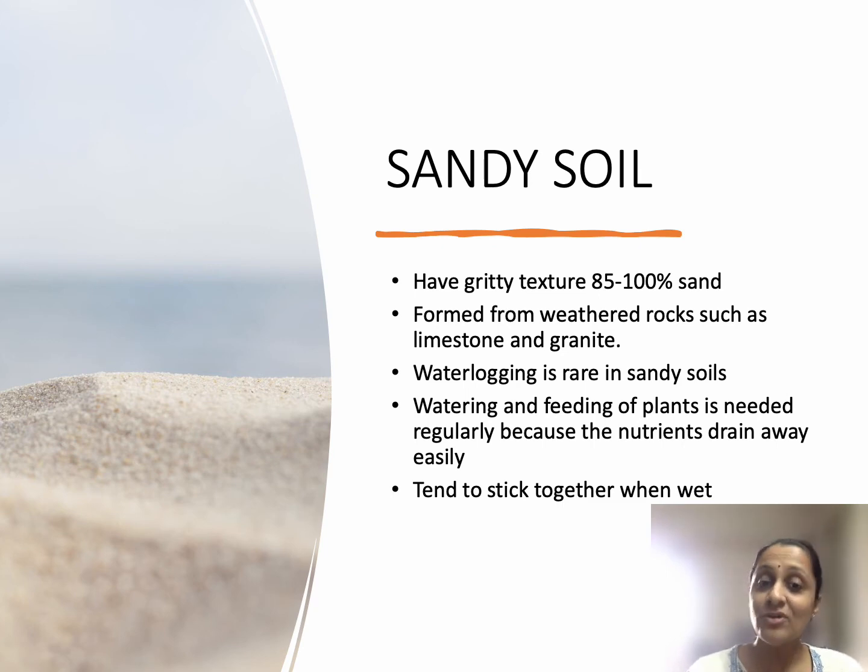Sandstone is a type of stone formed because of compression of sand over the years. It takes thousands of years of compression for sandstone to form. But here, limestone breaks down and forms sand. So that is how it is used.